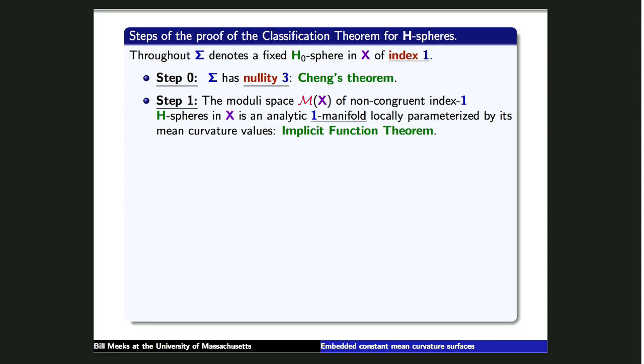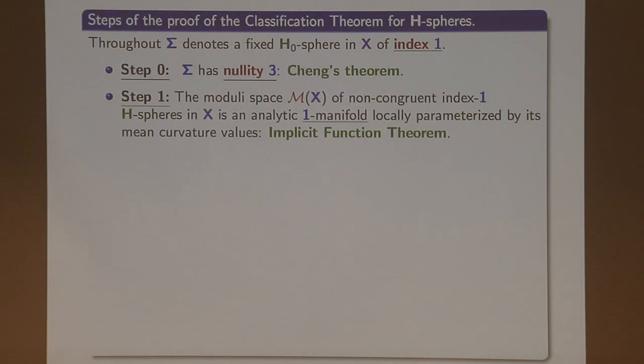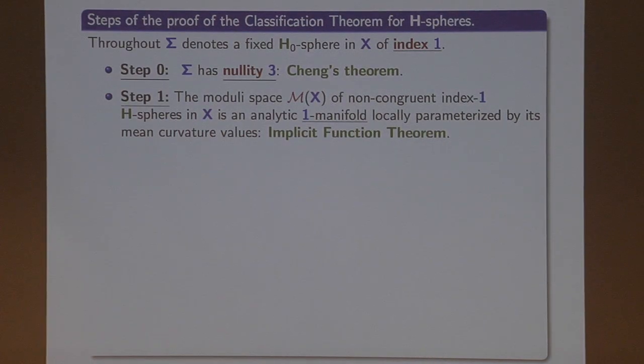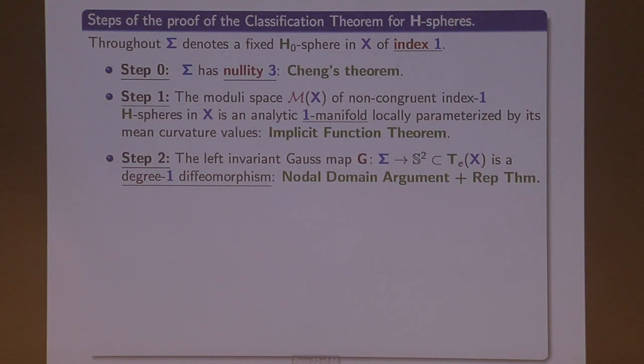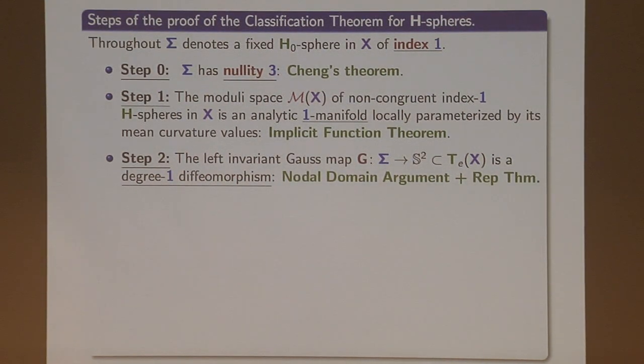It's a one-parameter family, and that gives me my one manifold. It's pretty easy to do because the nullity is 3. You can kill all the motions. You can somehow get rid of it. It's like being non-degenerate. Okay, so that's just the implicit function theorem. That's pretty straightforward. The next step is surprisingly tricky to do.